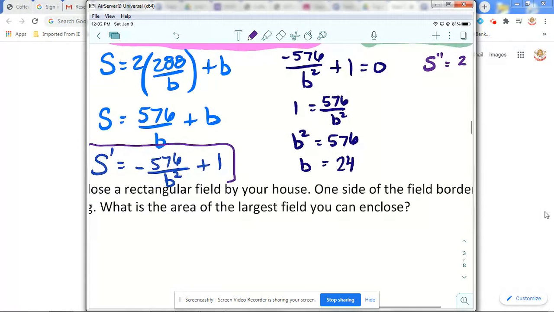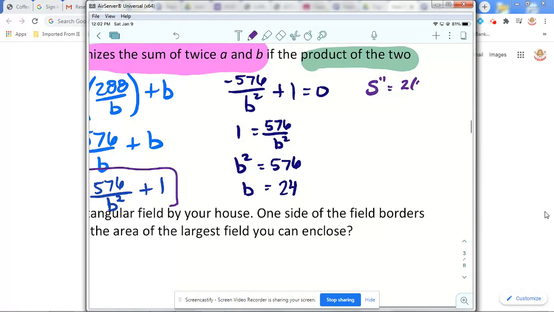So since it was negative, we change it to positive. And then it becomes b cubed on the bottom. All right, and then the derivative of 1 is 0.